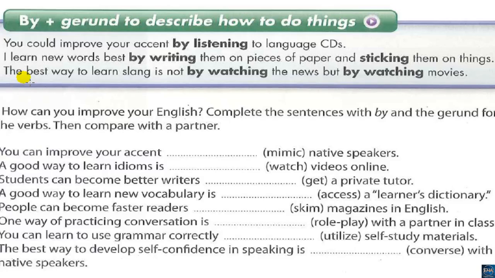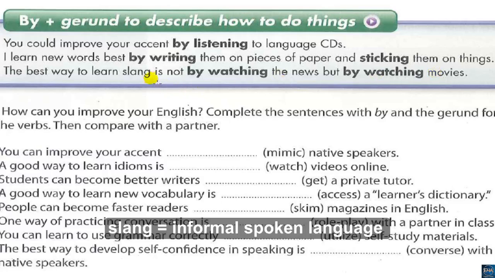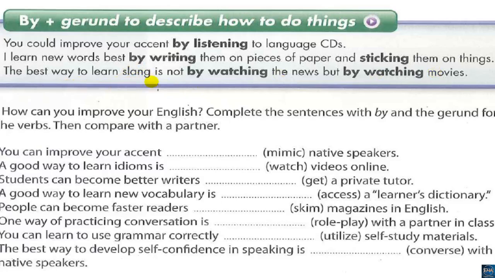What is the best way to learn slang? The best way to learn slang is not by watching the news, but by watching movies. What's slang? Slang, informal language. So the best way to learn slang is not by watching the news, not by watching the BBC, the CNN, the news channels, but by watching movies.